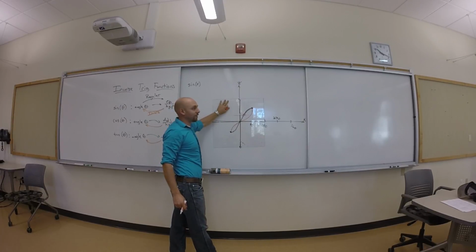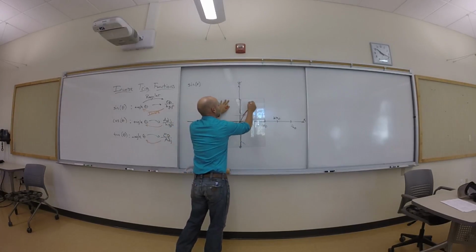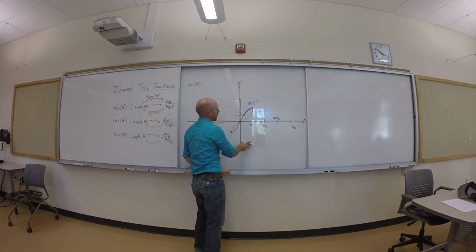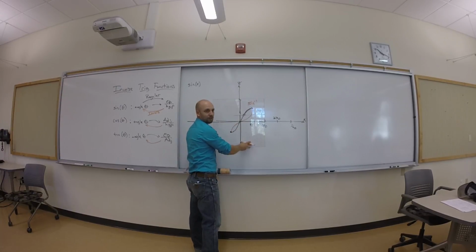Okay, so here's your graph for what? What am I graphing with orange? Sine inverse. Okay. Now I better figure out my domains and ranges. Range is all real numbers. No. So which one's which?